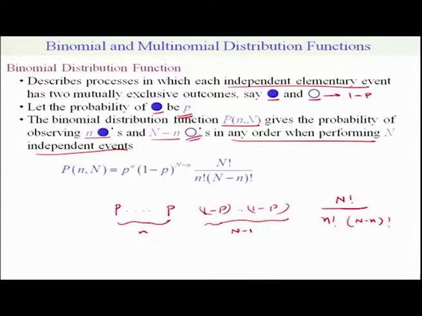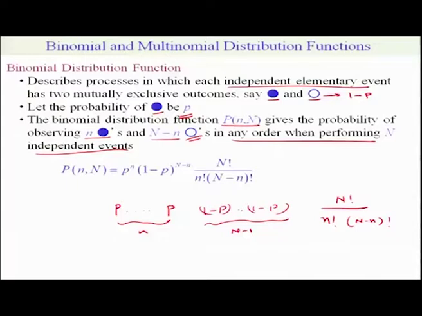Now, if you go back to the original question, what is the probability of observing 3 heads and 1 tail? The probability of head or tail is 1 by 2. So, in this case, p is 1 by 2 and we are talking about 3 heads, so it is p(3), with 4 being the total number of events here.